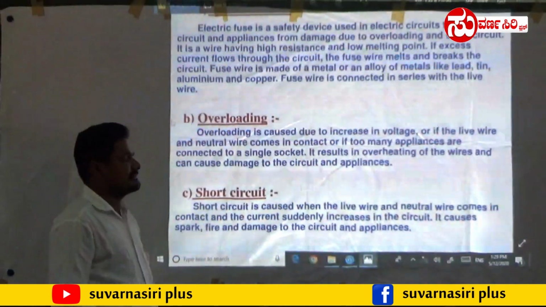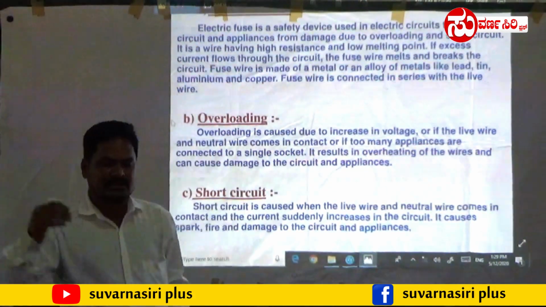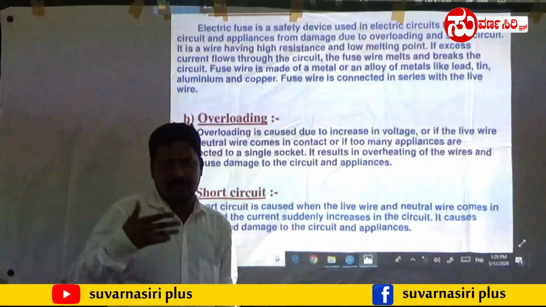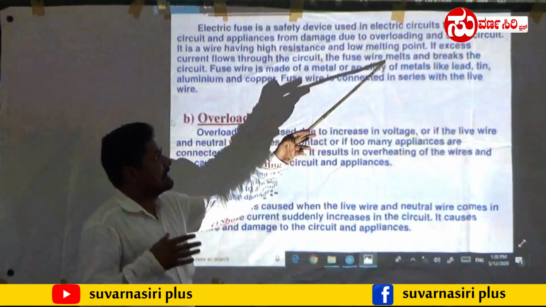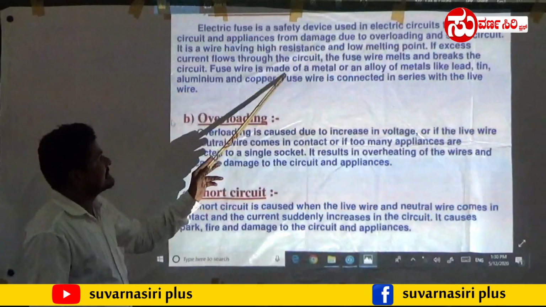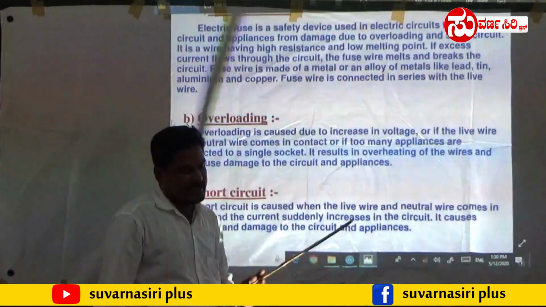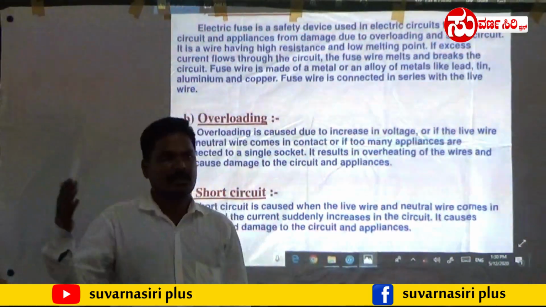Dear students, first we have to learn that the fuse wire has a low melting point, because if high current is produced, it can produce heat. If more and more heat is produced, the wire melts and breaks the circuit. Fuse wire is made of metal or alloy. You know that an alloy is a mixture of two or more metals, or metals and non-metals.